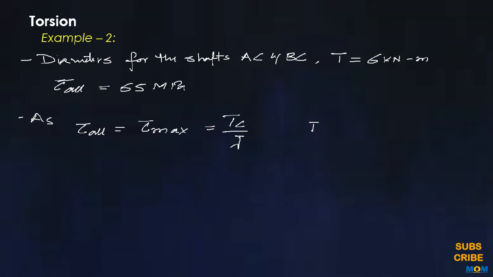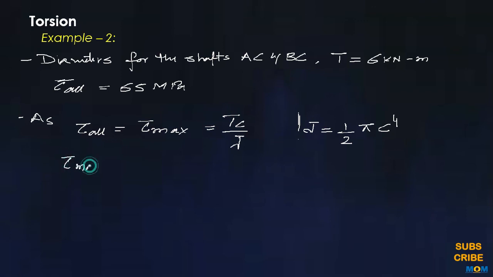Now to calculate that J, we have the expression half pi c raised power 4. Now this c is the radius, and we have to calculate the suitable or the optimal radius for this. So we can use this value here in this expression.